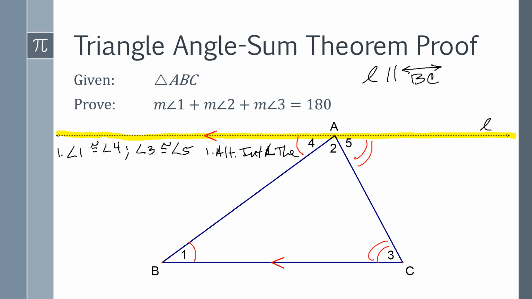Now, I can see, because we have a straight line here, I can state that angle 4 plus angle 2 plus angle 5 equals 180 by angle addition postulate.